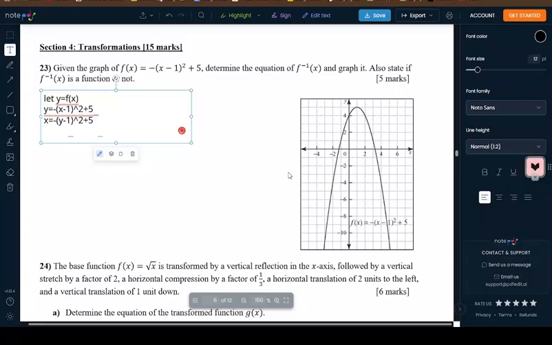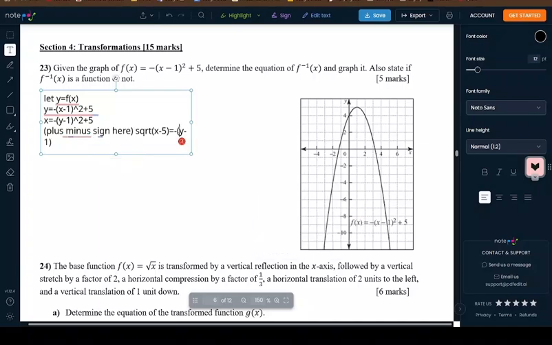So x minus 5 is equal to negative y minus 1 squared. So let's take the square root of this, and make sure you have the plus minus sign, because you have to include the negative divisions.